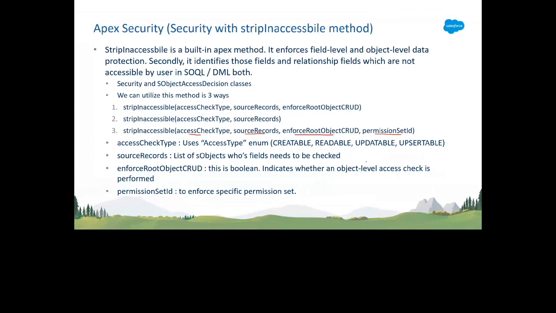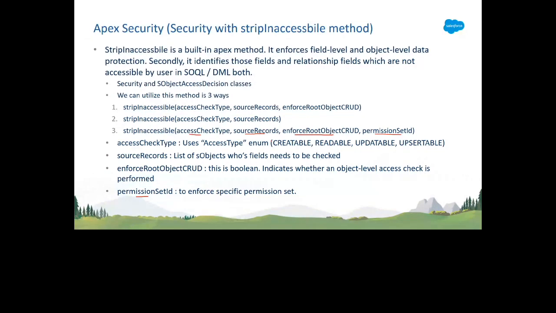Permission set ID. This parameter is interesting. If you don't declare this parameter, then the whole method will work on your profile level access.